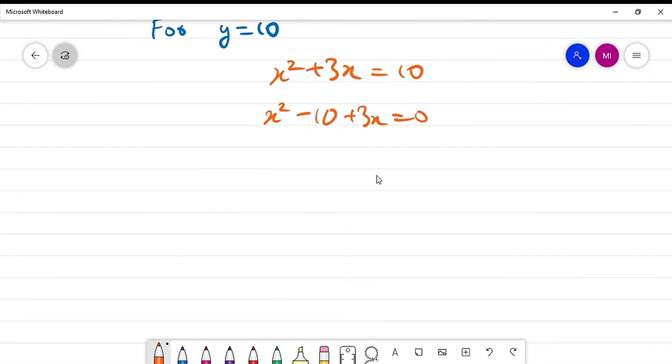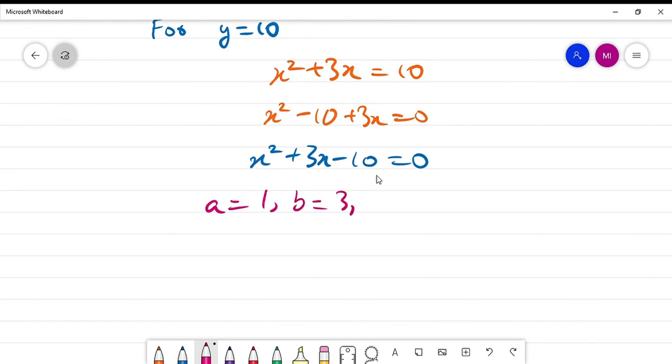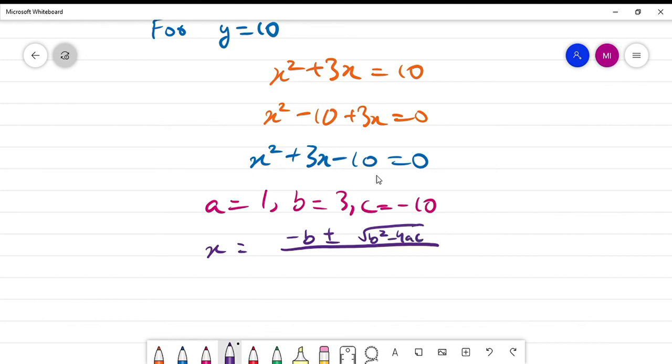And let's rearrange that. So we get x squared plus 3x minus 10 is equal to 0. Now let a is equal to 1, b is equal to 3, and c is equal to negative 10. Our formula is x is equal to negative b plus minus under root of b squared minus 4ac divided by 2.